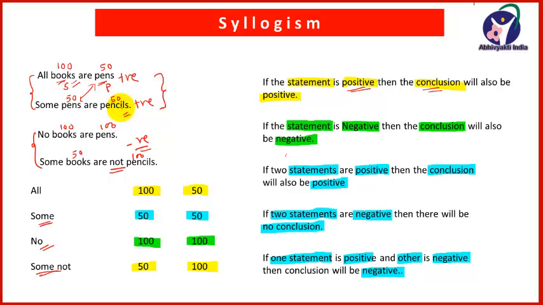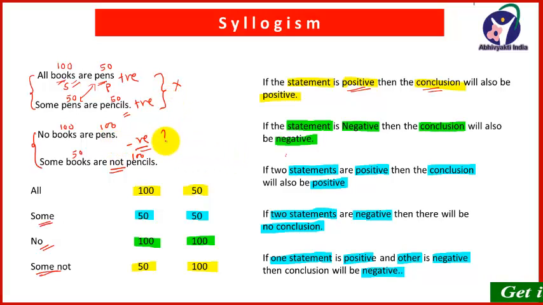So through pens you can connect these two statements, and the rule is that at least one common word should have 100. Here in this case, this pen has 50 and this pen has 50. Neither common word has 100, so these two statements cannot be connected.